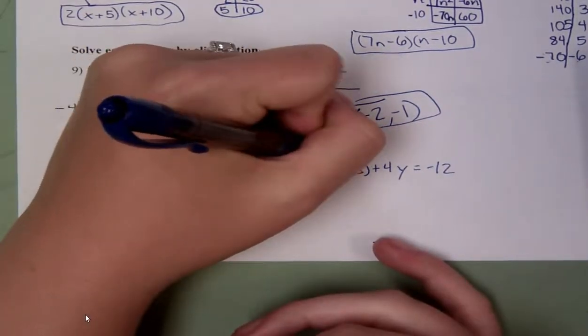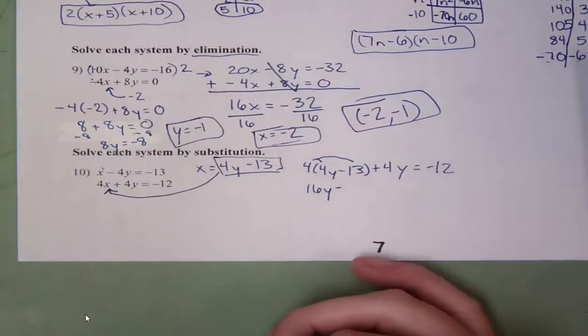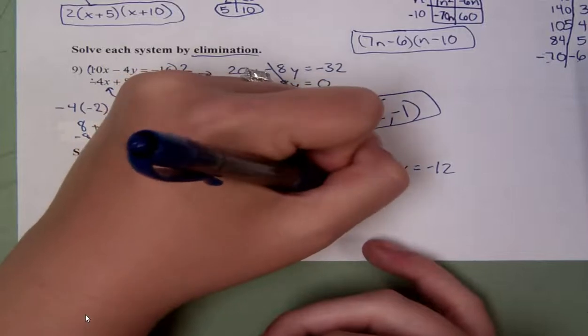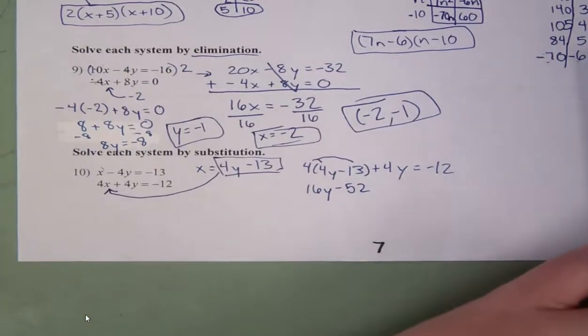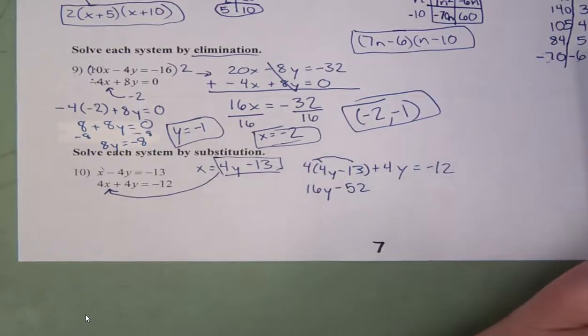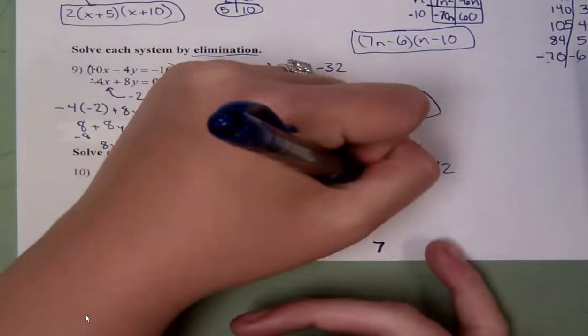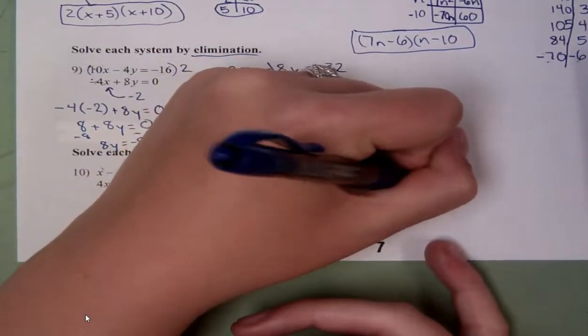I'm going to distribute, make this 16y minus, I think that's 52, but I don't want to do it wrong. 13 times 4, yes, 52, plus 4y equals negative 12.